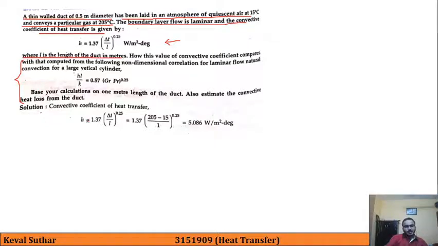So we are directly utilizing this formula where ΔT is the difference between the two values, that is 205 and 15 degrees Celsius. So 205 minus 15 divided by, instead of L, here we are calculating it for 1 meter. So the value of h is this.